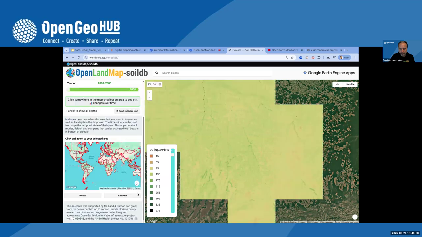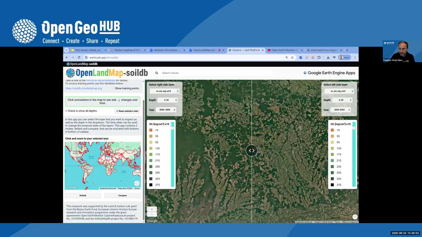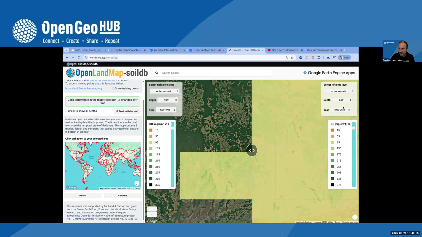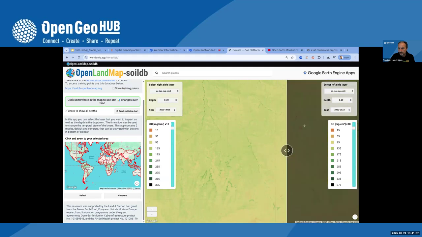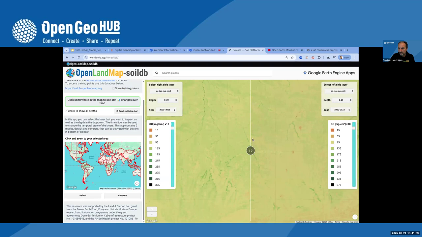One way to do it also is to do a comparison. So now I can compare the recent year and the beginning year. So if I scroll left and right, it allows me to see some areas where there's been a change in carbon. Let's zoom in here.